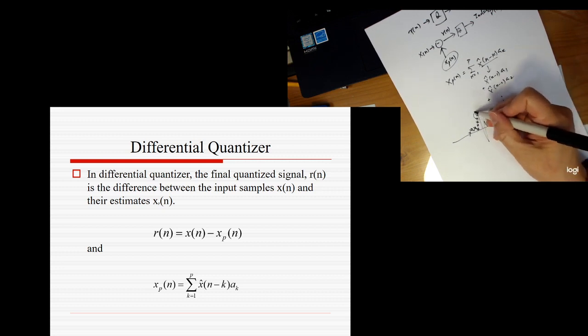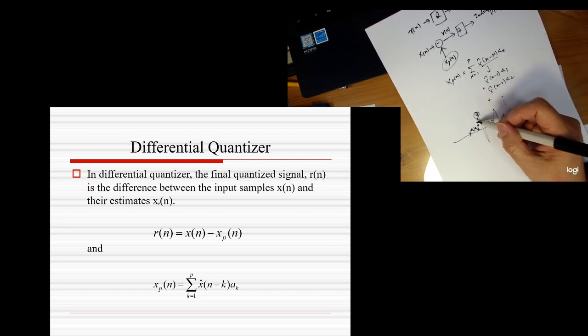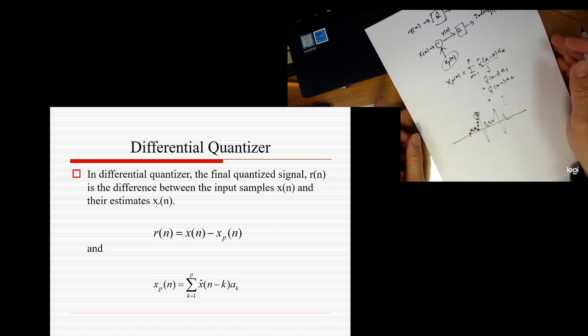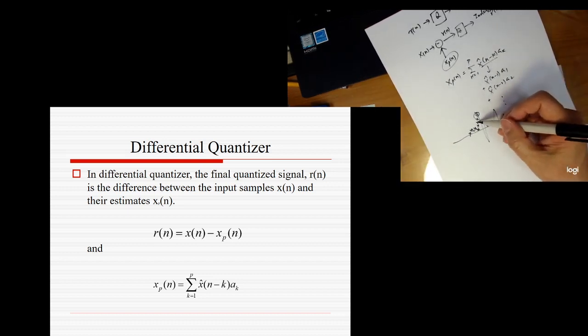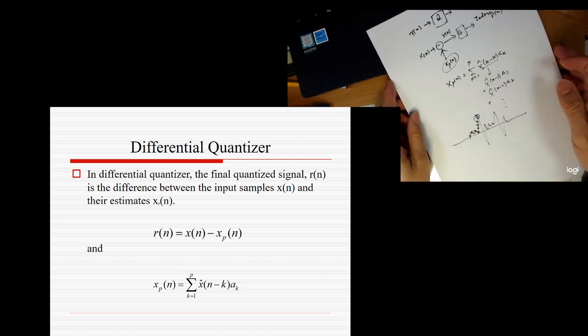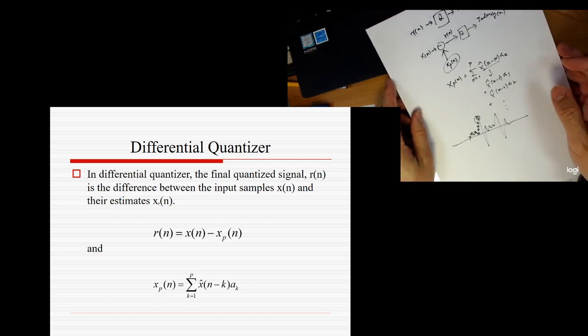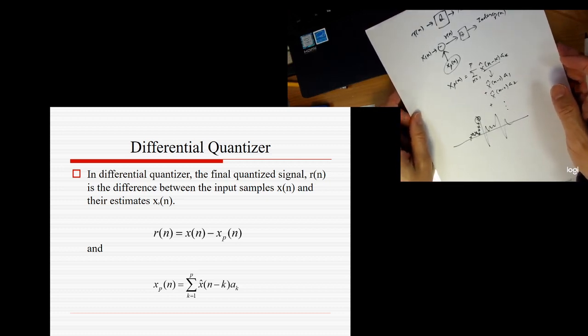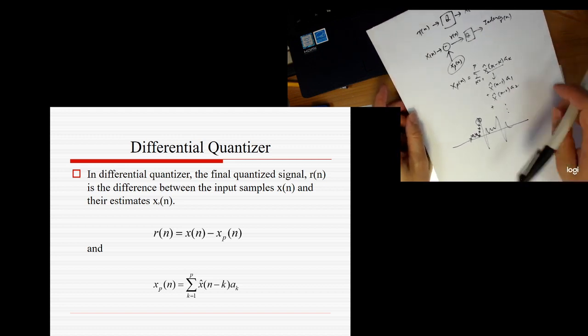However, the previous ones we use are not the original data; we are using decoded data. Because we use backward adaptive, not forward adaptive. Backward adaptive is based on the decoded signal to do the estimation.